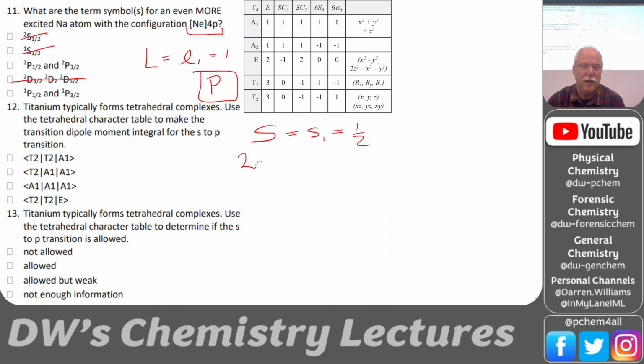And 2S plus 1 is the multiplicity. So that's going to be 2. It's going to be a doublet. So we got doublet P. Okay. And then J is equal to L plus S down to L minus S.